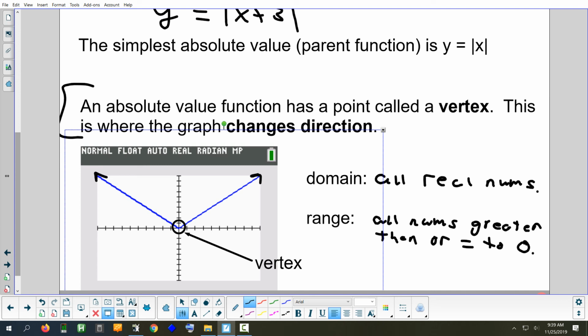When you take the absolute value for a number, you never get what kind of answer? Negative. You never get a negative. That's why here, this graph never goes in the negatives. Because anytime you take absolute value, the answer is always positive. That's why this graph goes up. Right? It doesn't go down.